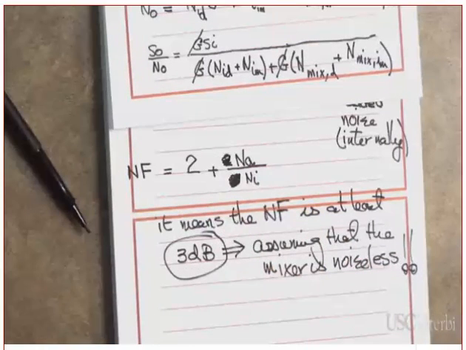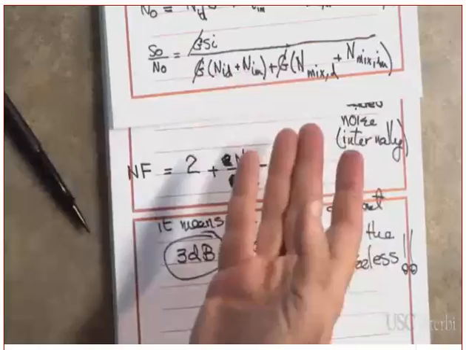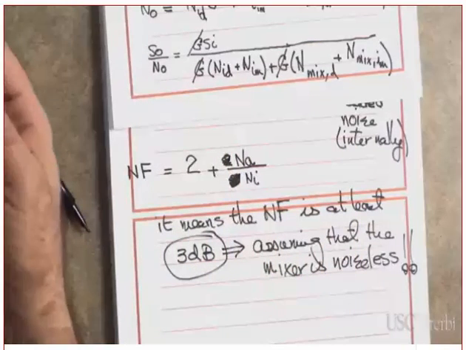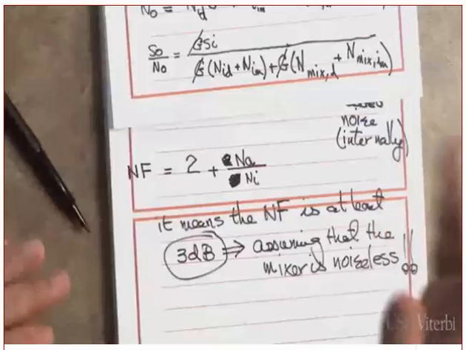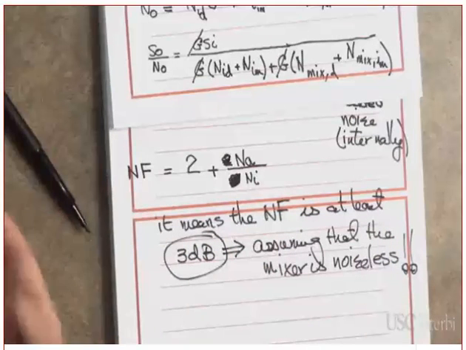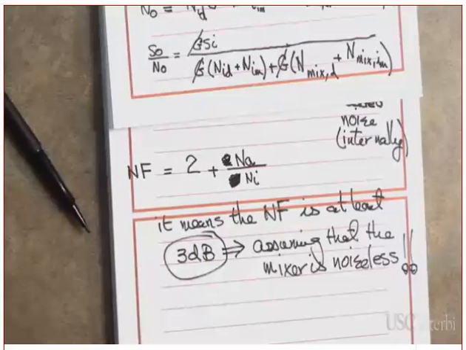By the way, is the mixer noiseless? How could it be noiseless if we just said that the typical noise figure of a mixer is roughly between 10 to 15 dB? From this equation, I'm only getting 3 dB, which is from this term. Did you get my point or not?